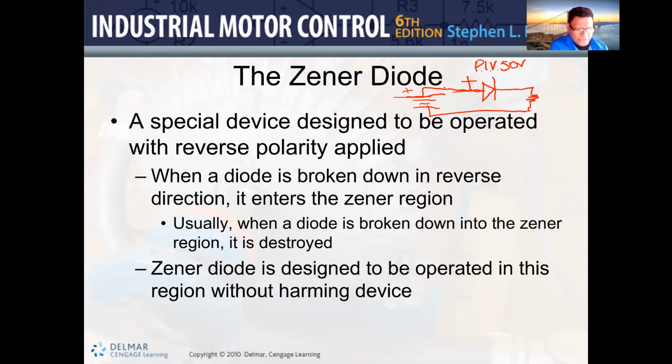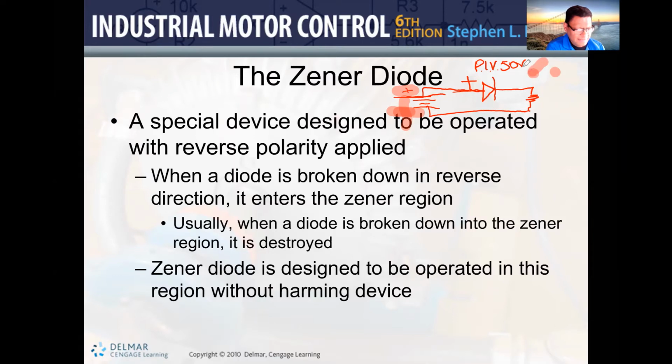If we connect this diode backwards, in such a way that I have my negative signal here and my positive here, then this diode is going to be behaving as an open switch.